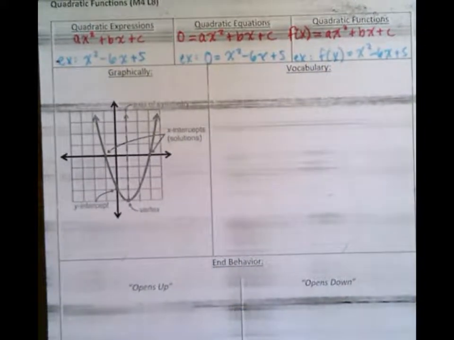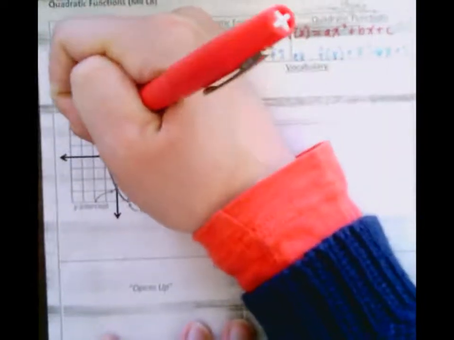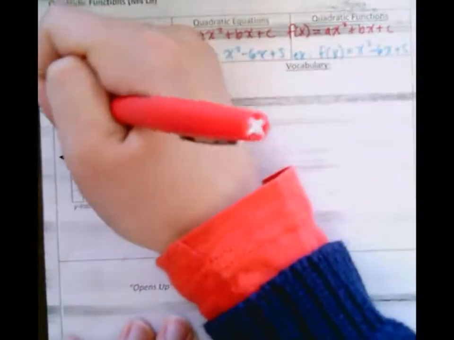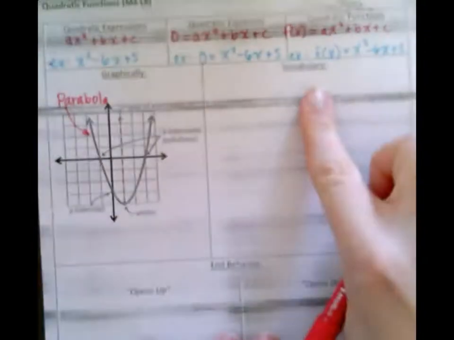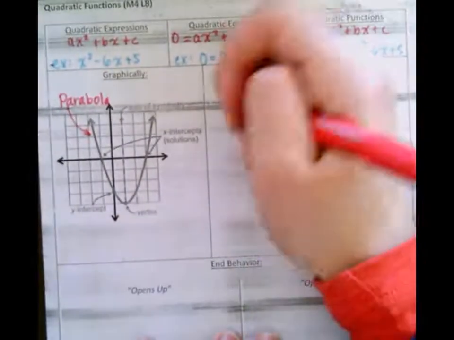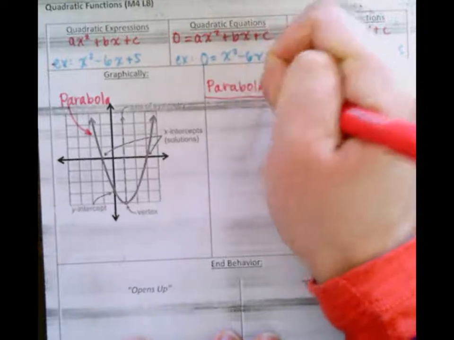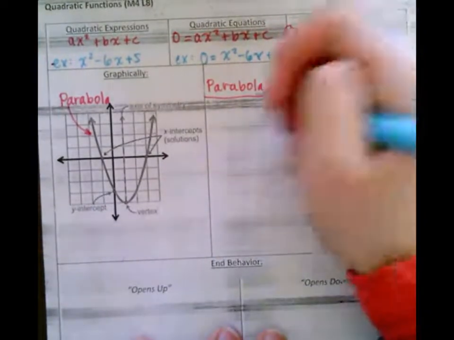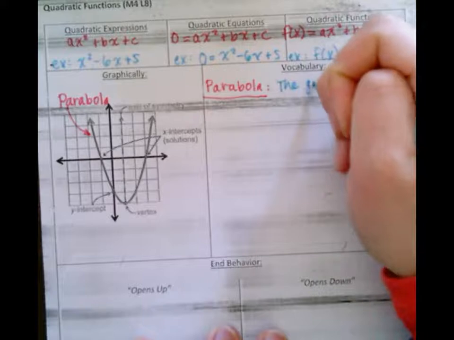A couple of vocabulary words about this. I want to add one, which is that we call this entire shape a parabola. Over here, I'm going to define some of these words for us. A parabola is the word we use to describe the graph of a quadratic function.